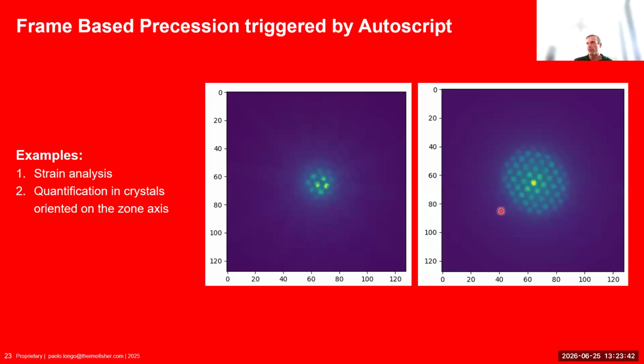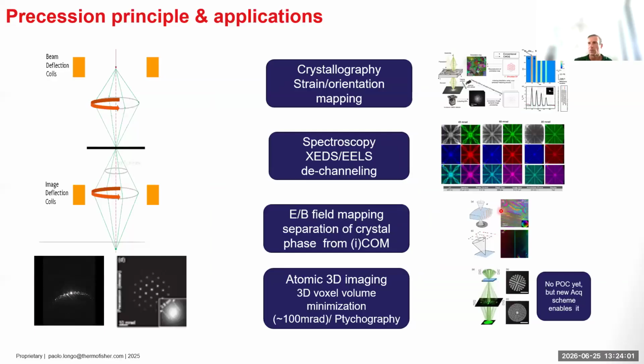Another example that I want to show you is frame-based precession that you can trigger by AutoScript. I'm going to show you a couple of examples. One is on strain analysis, and the other one tries to break channeling conditions and improve quantification down to the atomic level. For those of you who don't know what precession is, essentially we are rocking the beam, and tilt by tilt you collect an image.